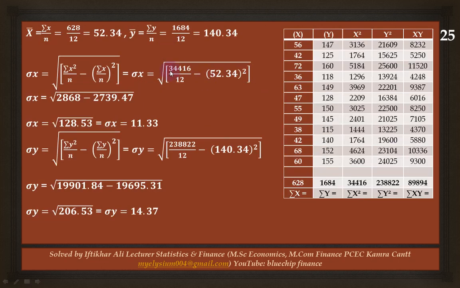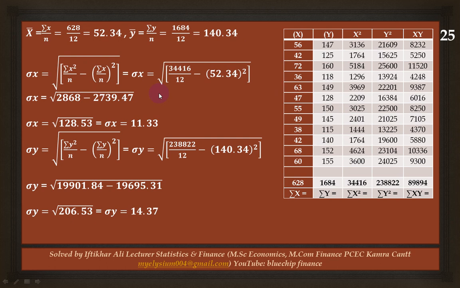So first of all, here some calculations, those are needed for the calculation of correlation and regression, and that is we need mean of X, we need mean of Y. Mean of X equals to 628 divided by 12, 52.34. Mean of Y will be equals to 1684 divided by 12, 140.34.